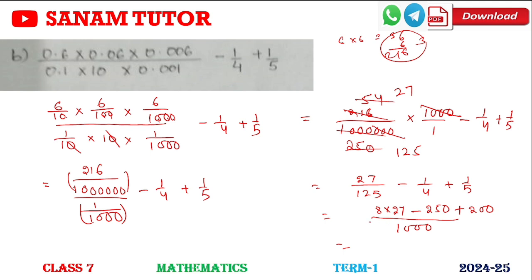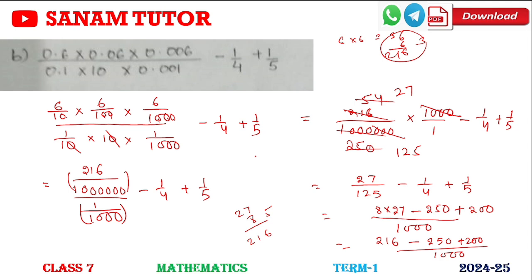So now multiply: 27 × 8, 8 × 7 is 56, carry 5, 8 × 2 is 16, plus 5 is 21. So 216 minus 250 plus 200, divided by 1000.